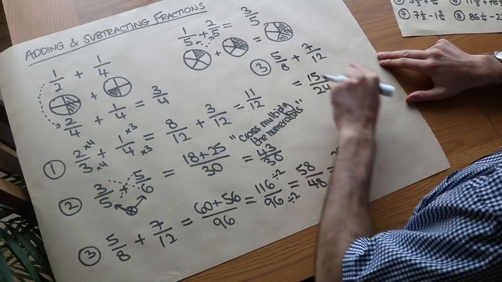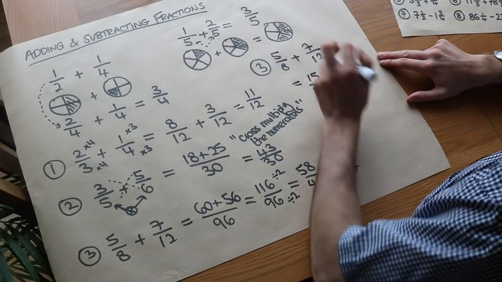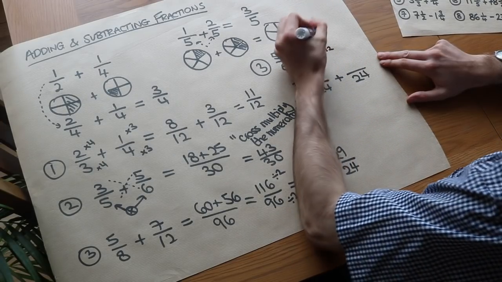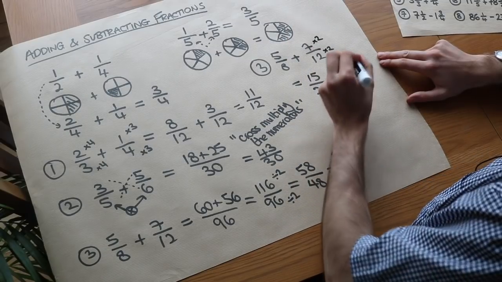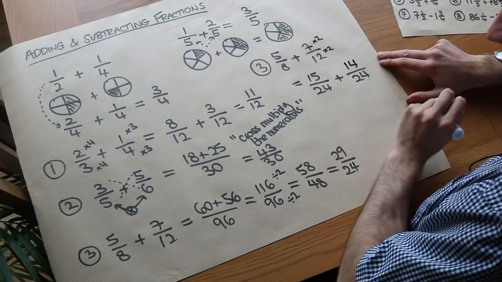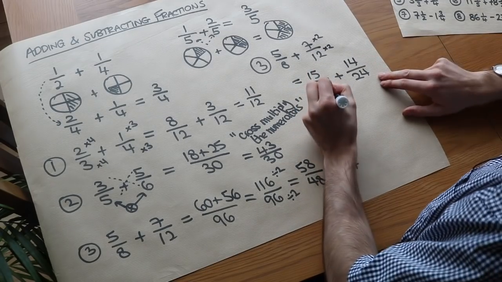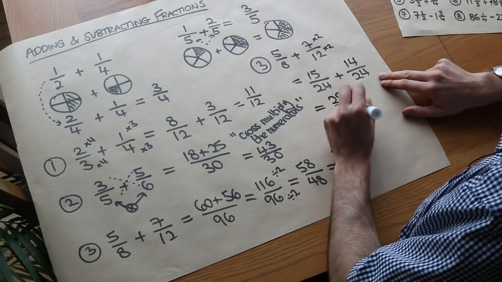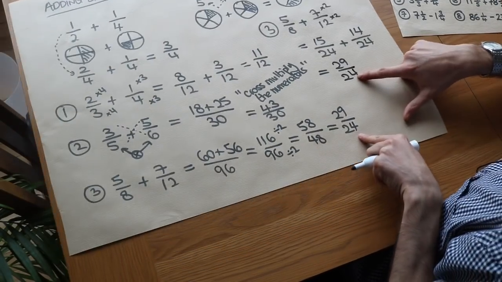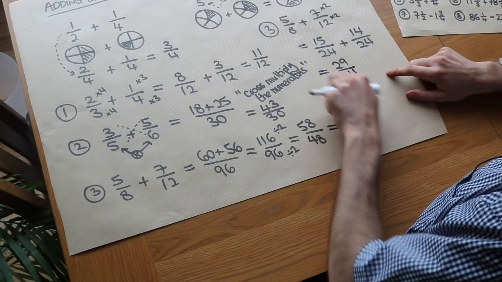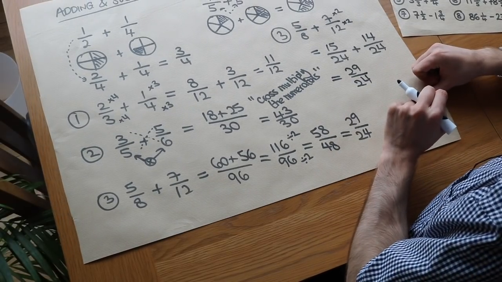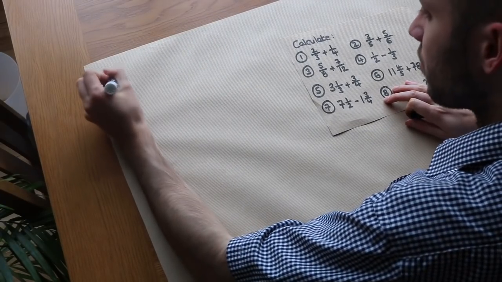What do we multiply the 12 by to get to 24? Well, we multiplied it by 2, and therefore we have to times the top by 2 as well. And 7 times 2 is 14. And now we've got a common denominator, so we can add the numerators, and we get 29 over 24. Now we get the same answer as before, but do you notice in this case I didn't have to subsequently simplify the fraction?